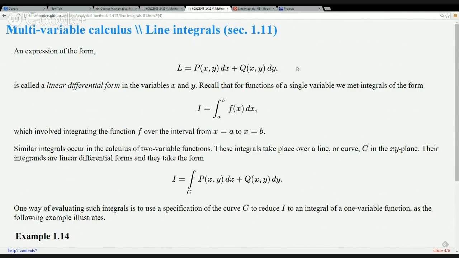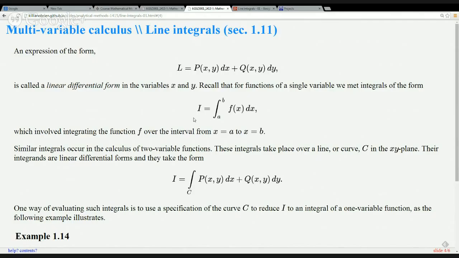These terms are somewhat interchangeable, line, curve, and path, although a line suggests it's kind of straight, but in general it could be a curved line. These paths or curves that we're going to integrate over are paths in the xy space, so paths in the plane. There is a much greater variety of paths in the plane than paths in the one-dimensional variable space for a function of a single variable.